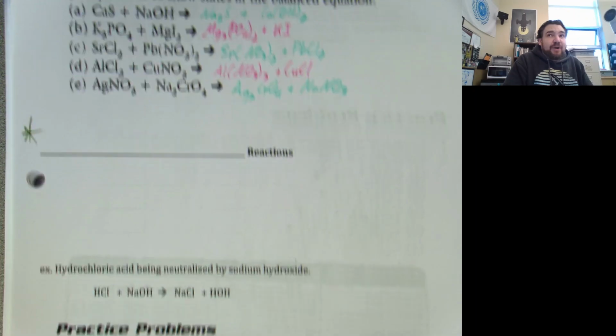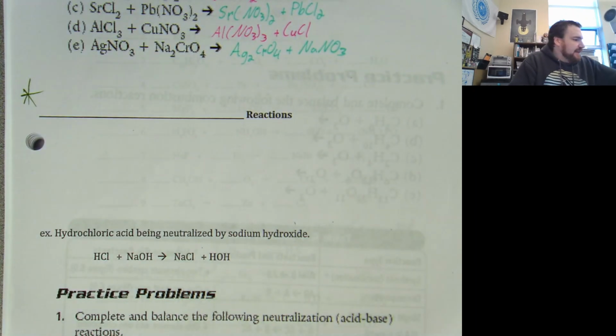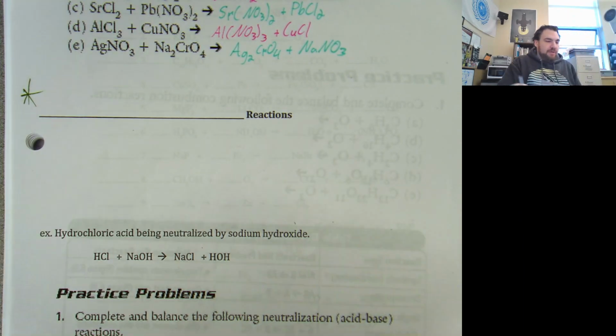Now, today, this is going to be a quick one because we've looked at it already. The 5th reaction was a synthesis, decomposition, single replacement, double replacement. The one that we've already looked at.